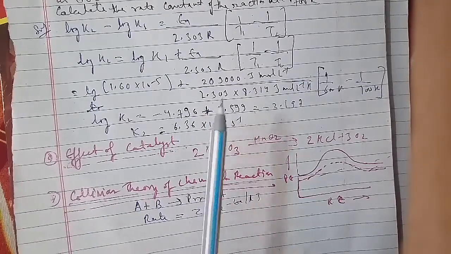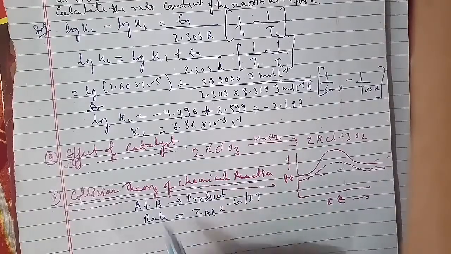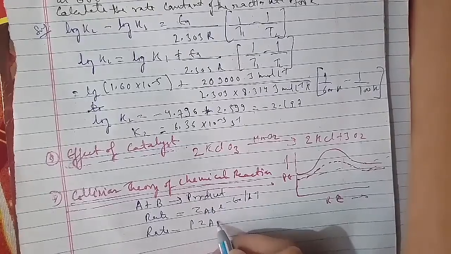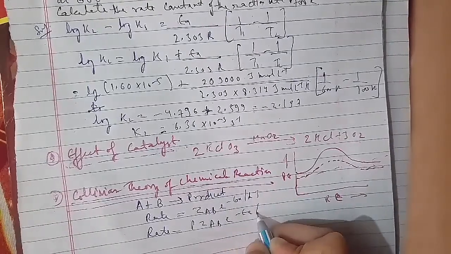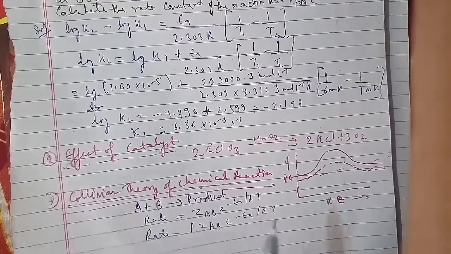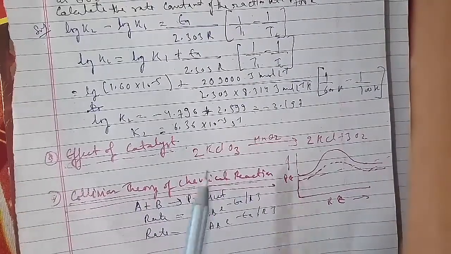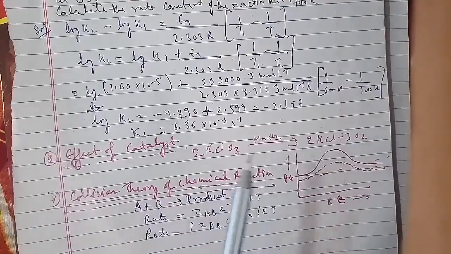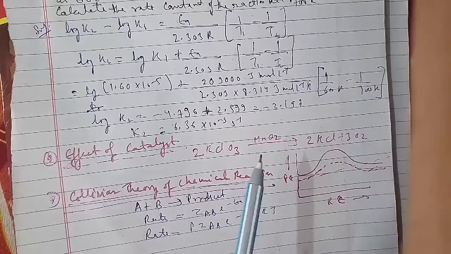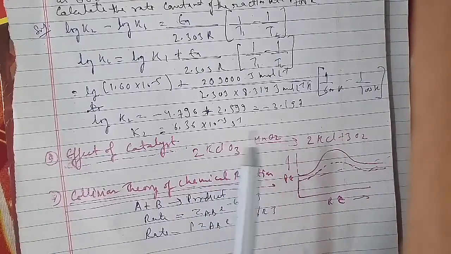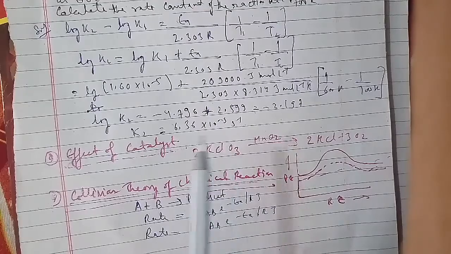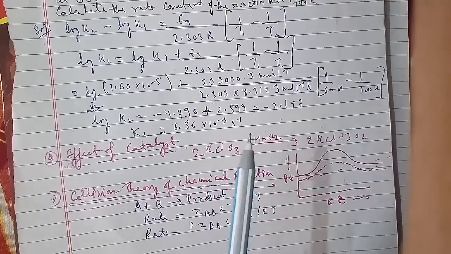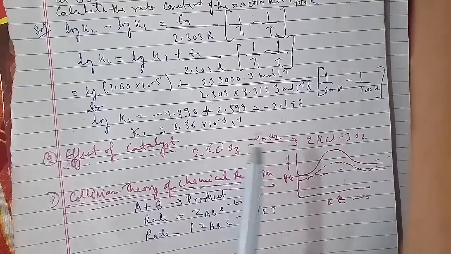Now we have a reaction for this that we will discuss here itself, as follows: CH3Br plus OH⁻ gives CH3OH plus Br⁻. Here we have H3C with delta plus, Br with delta minus, plus OH⁻. It will give two forms: this one for improper orientation and this one for proper orientation.